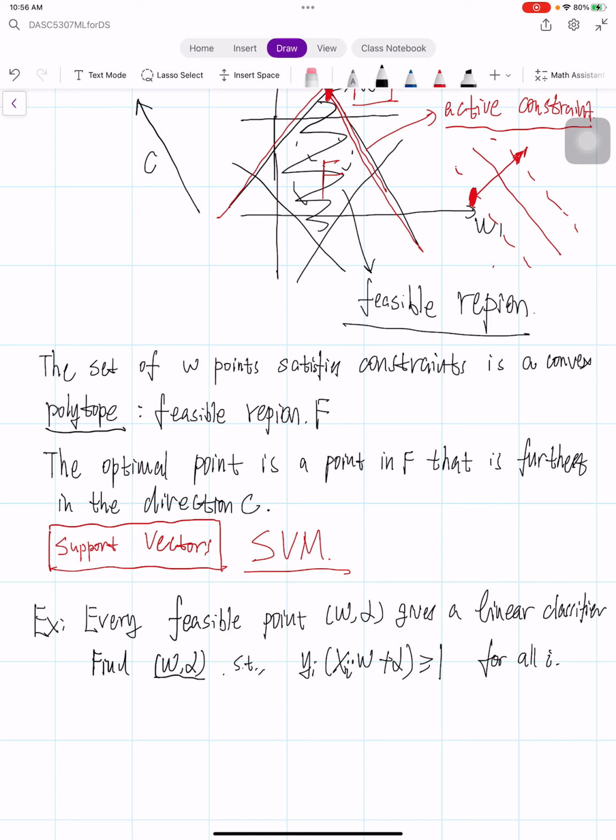So we are looking for a point that satisfies all these constraints. But this feasible region is non-empty only if the data is linearly separable.